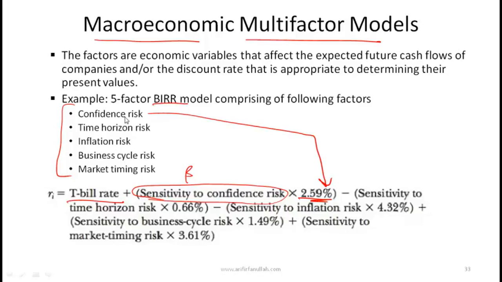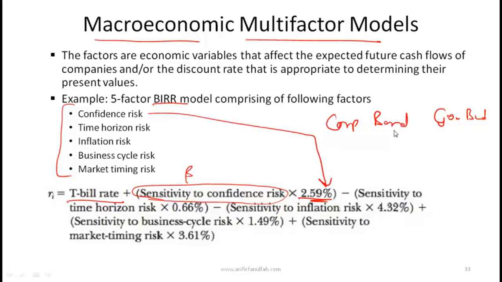You might recall from level 1 that if you look at the economic state of a given country, if the confidence level in how the economy is going to perform is high, then the spread between, let's say, corporate bonds and government bonds is relatively low.